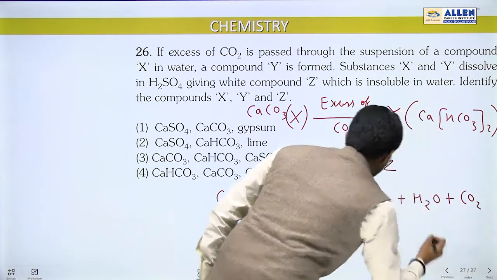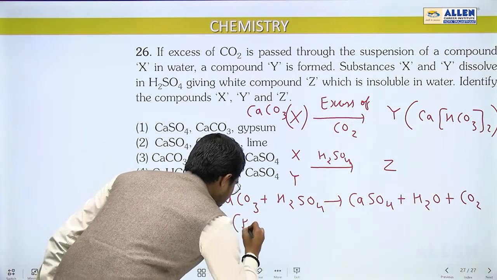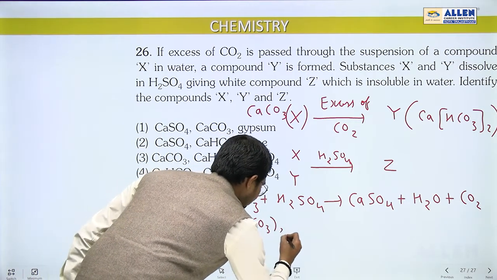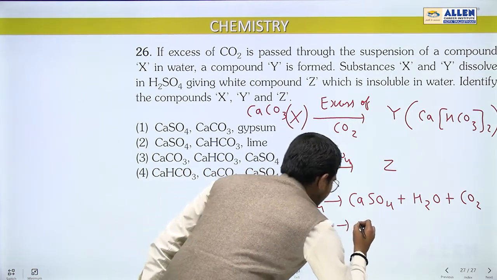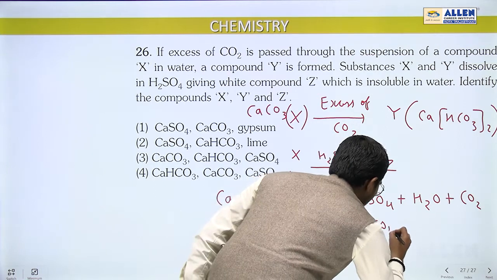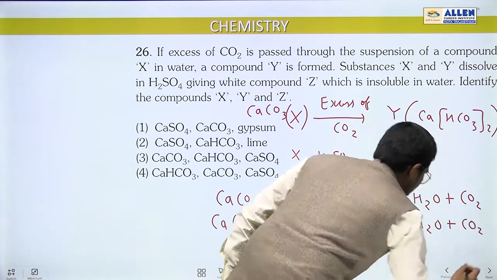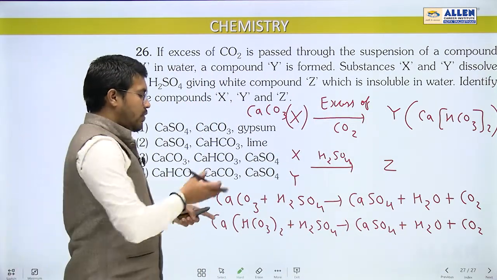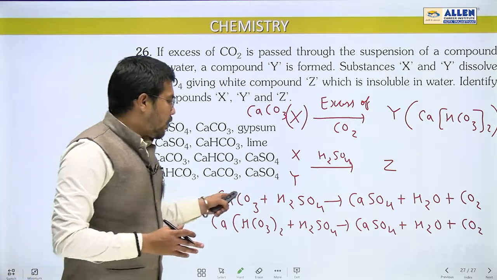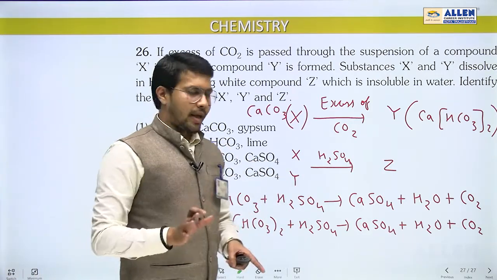Similarly, Ca(HCO3)2 when it reacts with H2SO4 will produce CaSO4 plus H2O and CO2. The only difference in these two reactions we will see when we balance the equations. Otherwise the products remain the same.